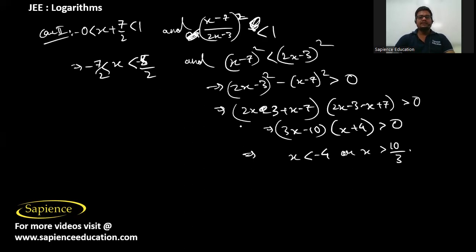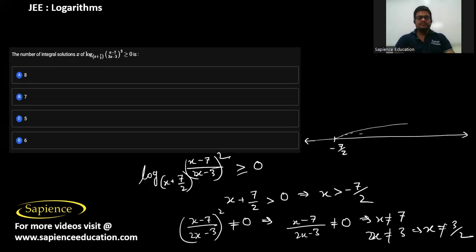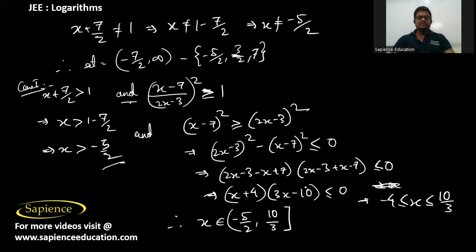Now you have to take the intersection of these two. So the intersection of these two sets will be empty. Therefore here in this case x belongs to the empty set. Therefore we have to take the intersection of these two, -5/2 to 10/3.